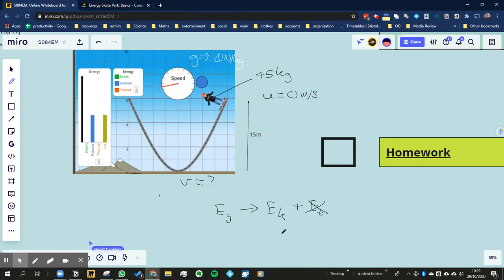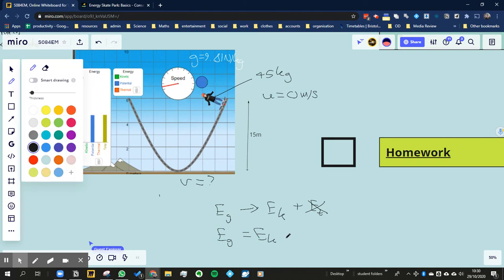So normally the total energy put in would be equal to the kinetic energy plus the thermal energy, but we're going to ignore the thermal energy, so it's just going to be equal to the kinetic energy. So we can work out the gravitational energy.